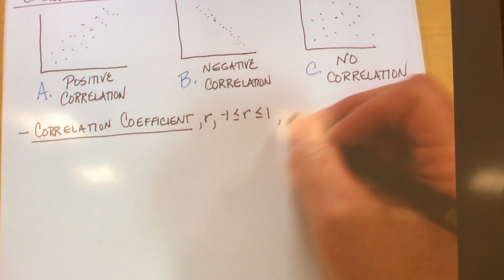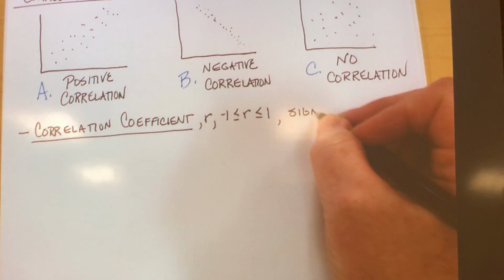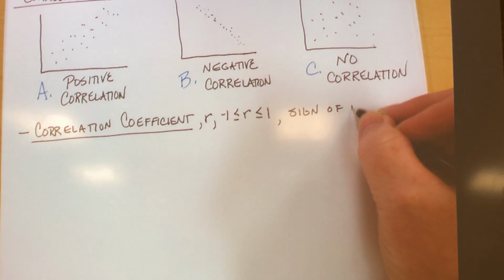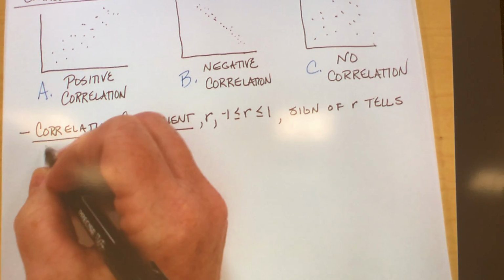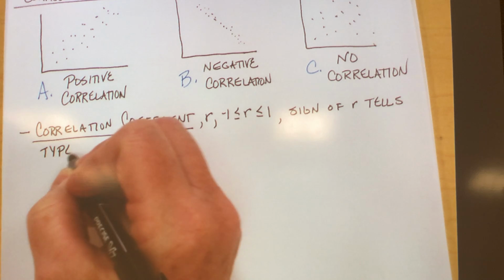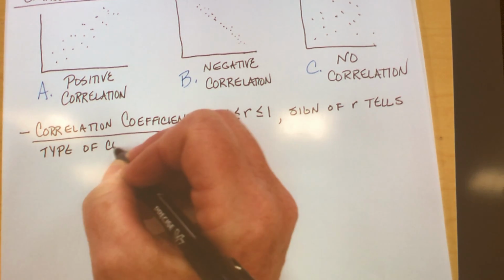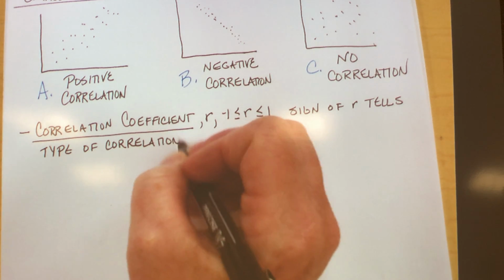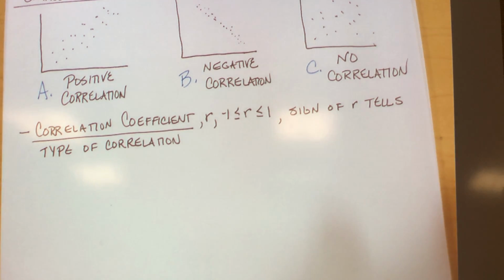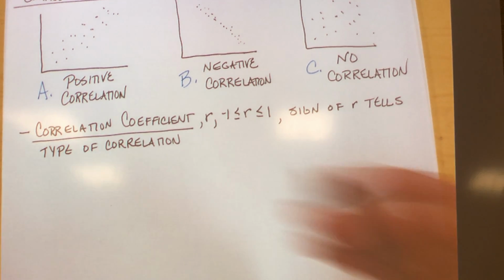The sign of R tells the type of correlation. So if R is positive, then I'm talking about a positive correlation. If R is negative, I'm talking about a negative correlation.